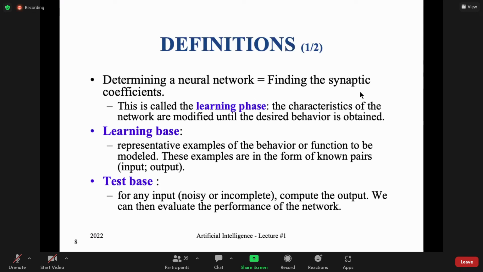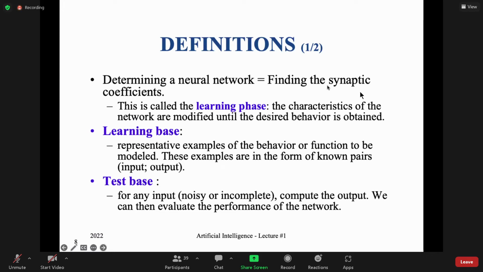Okay, so just to tell you again some new definitions. I explained that in my introduction last time, but again, the idea is when we have a perceptron neural network, we need to learn the connection between each neuron, with the synaptic weights, so coefficients, so it's synaptic coefficients or synaptic weights, okay?